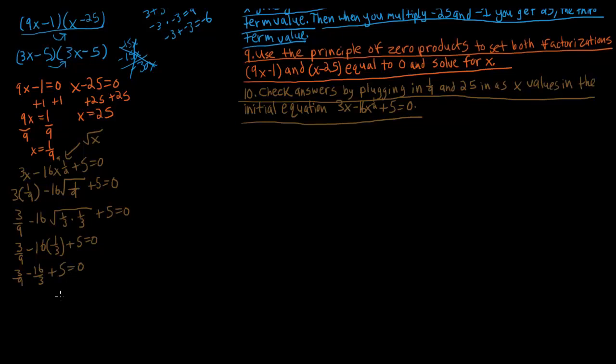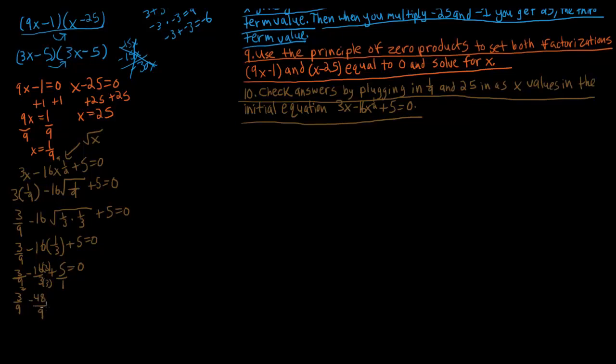To add these together, we need the same denominator. So 9 would be the LCD, because 3 goes into 9 and 5 is just the same as 5 over 1. So 3 times 3 gives us 9. So we have to multiply the denominator and numerator by 3. So negative 16 times 3 is negative 48. Negative 48 over 9.